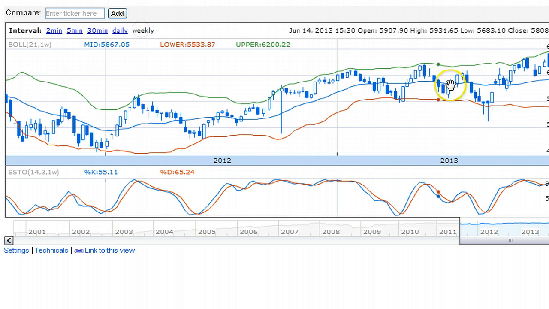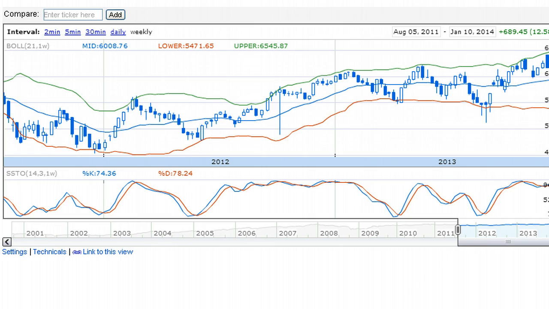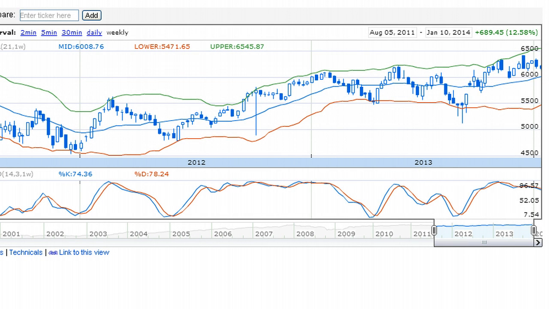If I go to the weekly chart, and if I go to the top right corner here, I just point my mouse on the rightmost candle there. So on the left center here, I can see these levels. When I point my mouse on the top right, you can see that the lower level is 5471, shown in the middle.